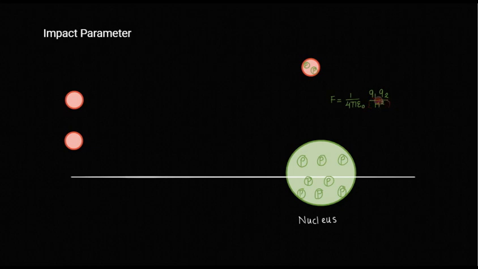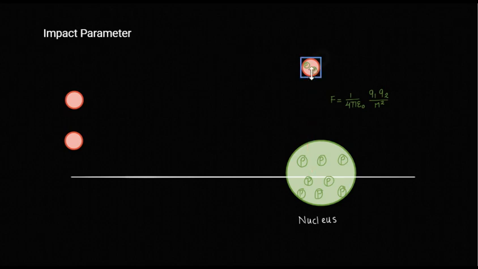And what is this r? This r represents the distance between the alpha particle and the nucleus. Now can you see, in this case this distance r is greater as compared to this one and this one.